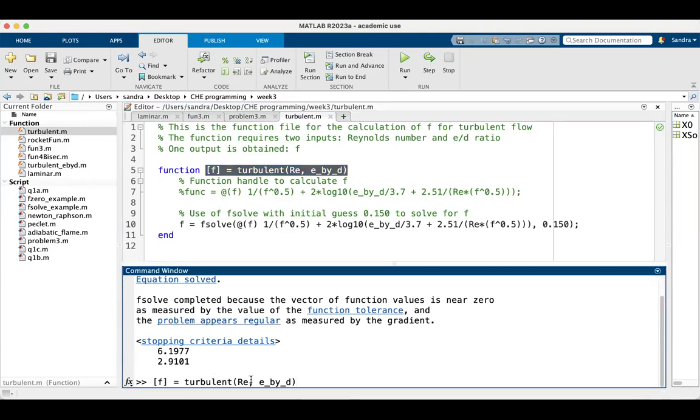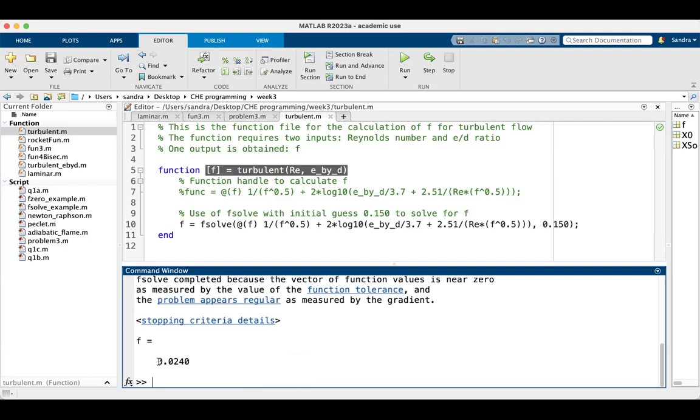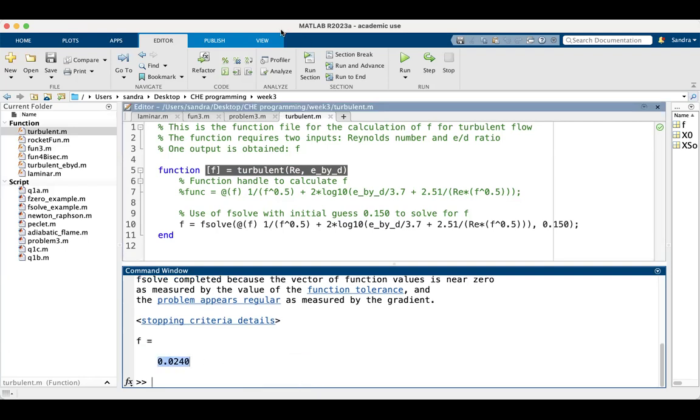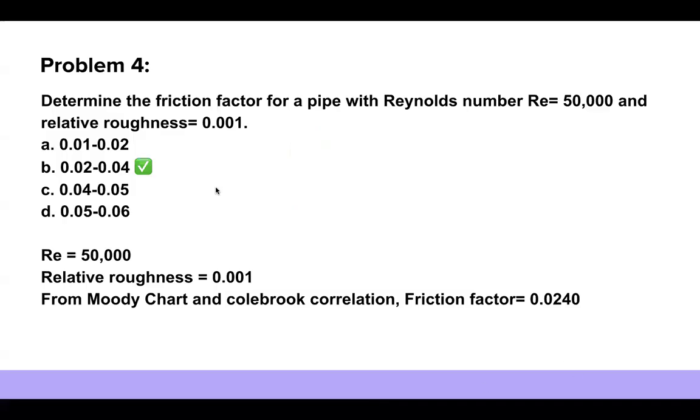So Reynolds number is 50,000 and E by D ratio is 0.001. The final answer that you get is 0.0240. Is it the same thing? Yeah, 0.0240. That comes in the B part, that is 0.02 to 0.04. Yeah, got the answer right.